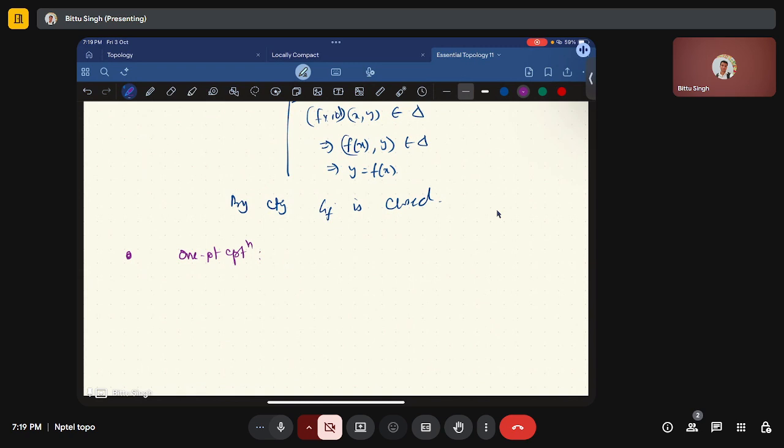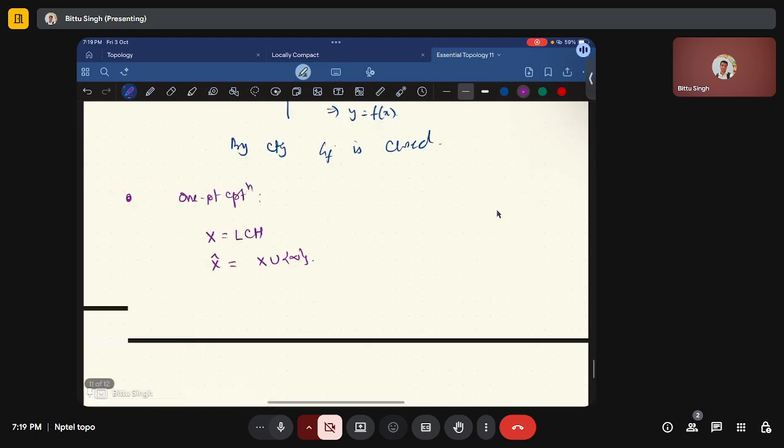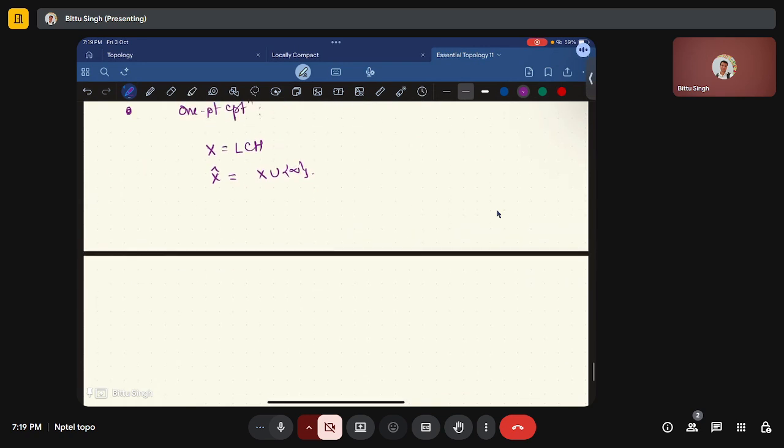I said that given a locally compact Hausdorff space X, we can make it compact by adding a point. So X hat is X union infinity, and we topologize X hat by this.